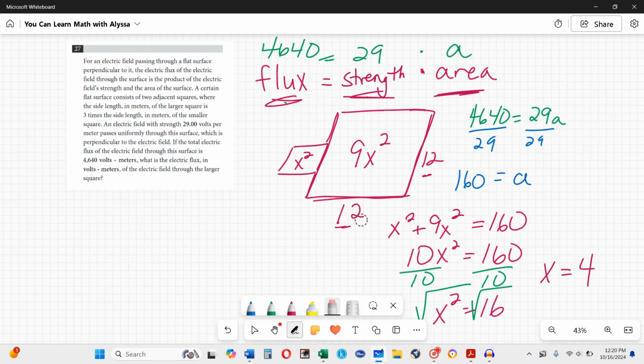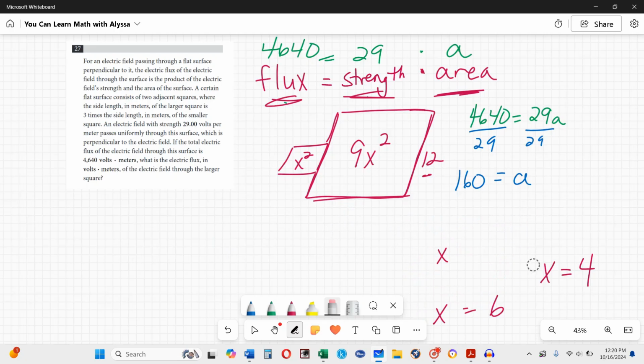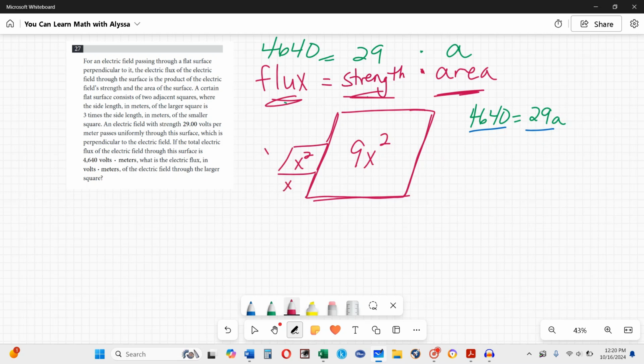But here's something else you can do. We don't actually have to solve. I'm going to say again, x, 3x, 3x. Once you get to this point, we have 4,640 as the total flux. It's equally distributed through these two squares. This one is x squared, and this one is 9x squared.